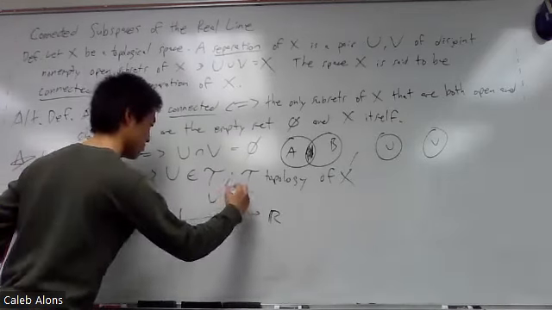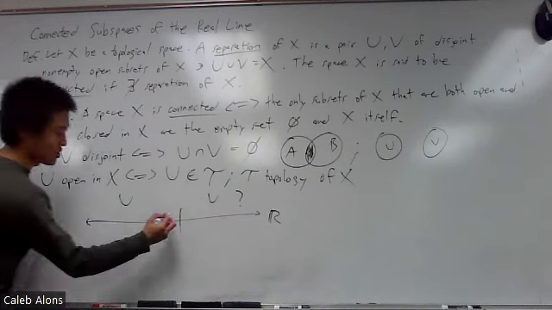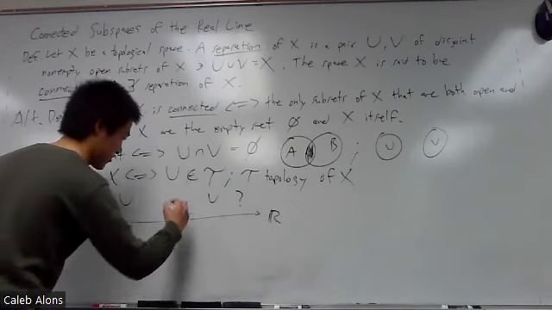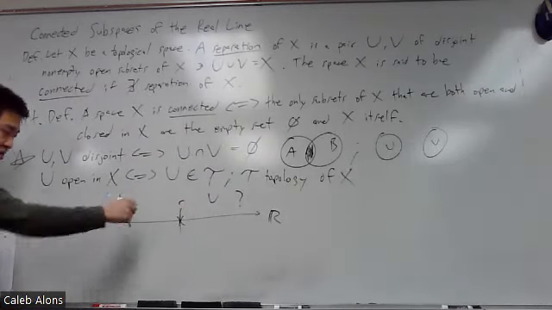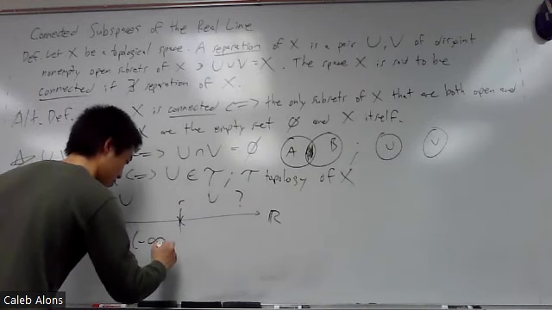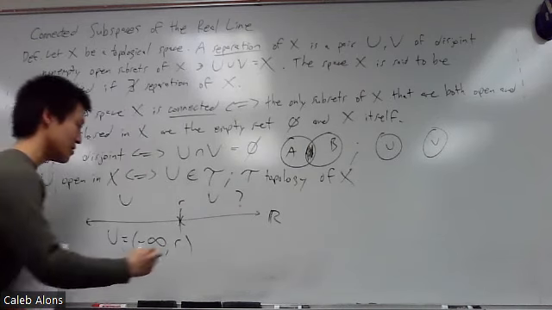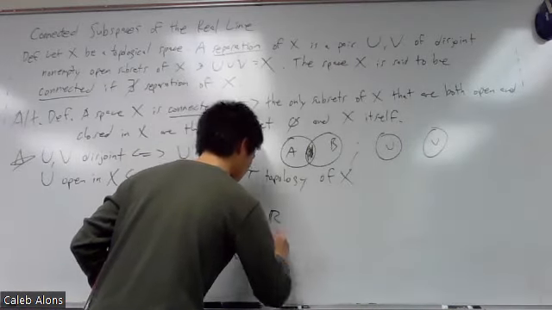Well, is it possible for U and V to both be open and still cover the entire real line? Because if I make U open, which would be like a ray starting from here, so if this was some R, then U and V, if we're trying to make some sort of a separation, we'd have to have U as R to infinity and V would be minus infinity up to R.